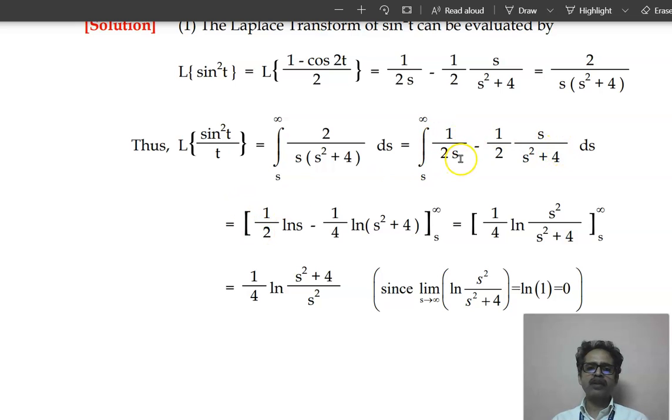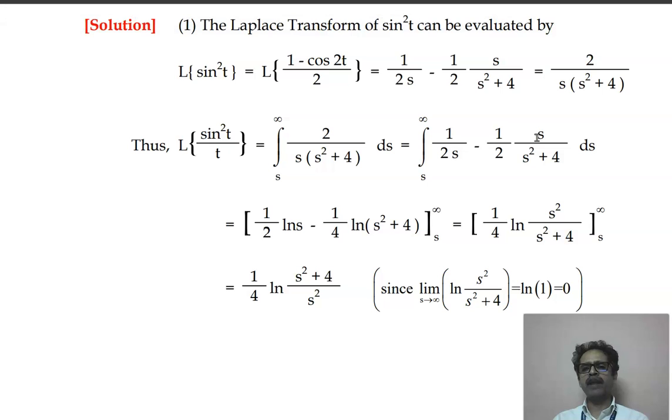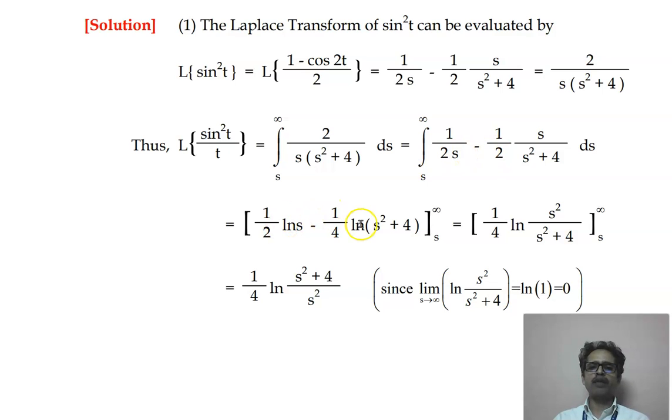It is 1 upon 2, and you can see that the integral of 1 upon s is ln s, minus 1 upon 2, and you can see here you require to multiply by 2 and divide by 2 so that the derivative of the denominator became the numerator, so that you find here minus 1 upon 4 ln of s square plus 4.